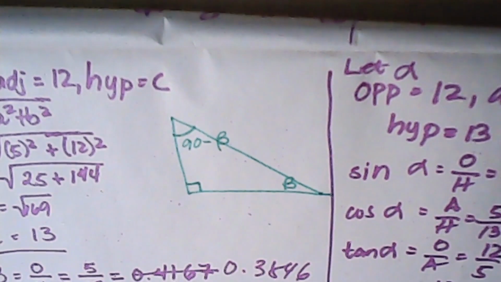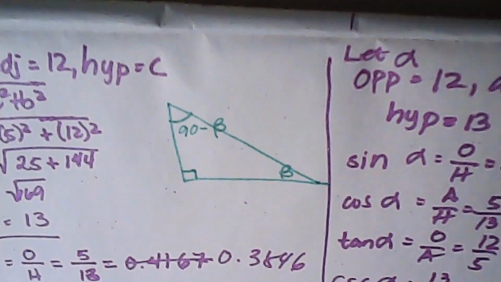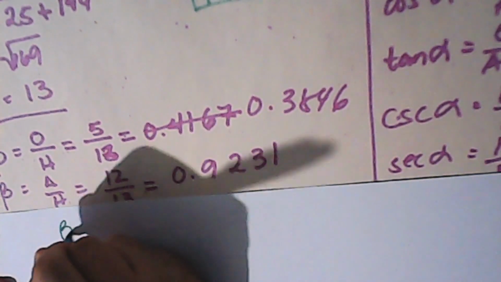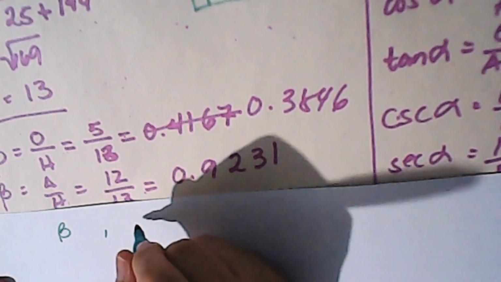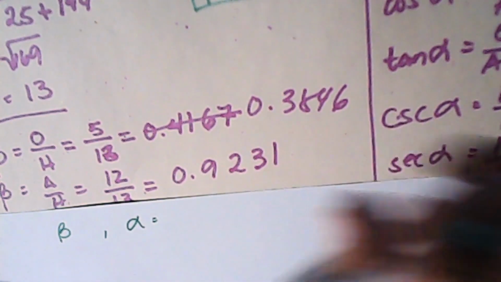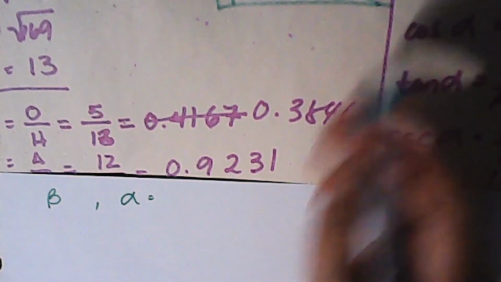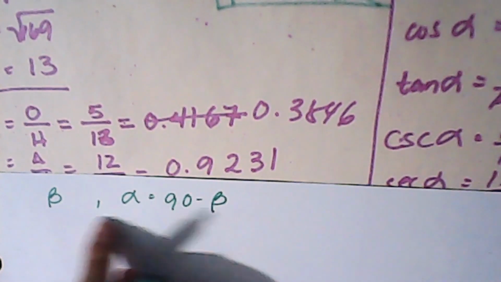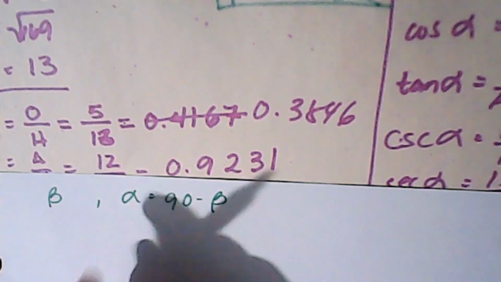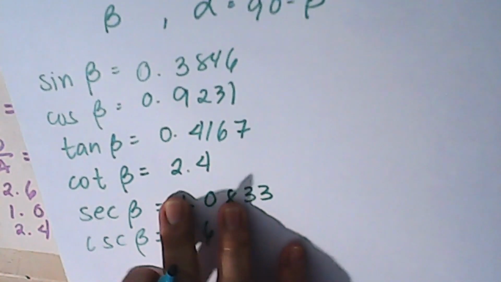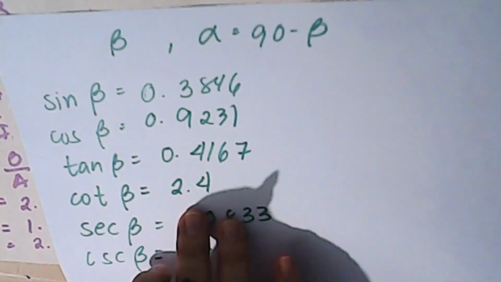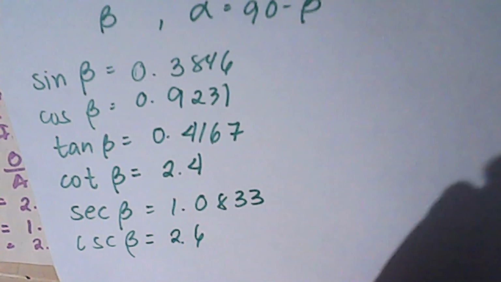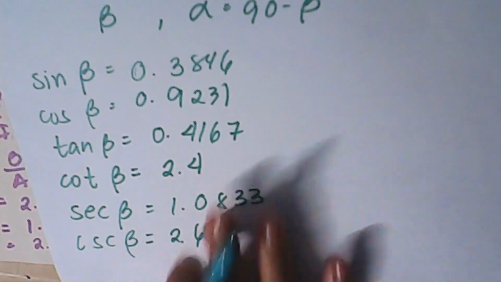Now, let us look closely at the values that we got from our solution. When we have beta, then the complementary angle, which we called alpha, is 90 minus beta, making the two of them complementary. From our solution for 2a, when we took the trigonometric ratios for beta, these are the values that we got.